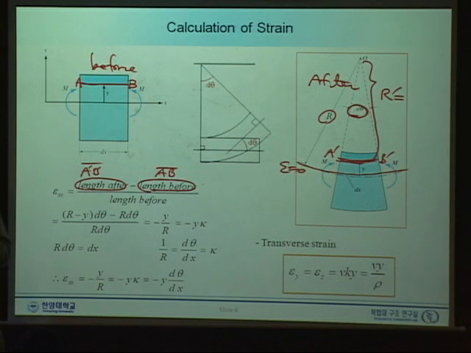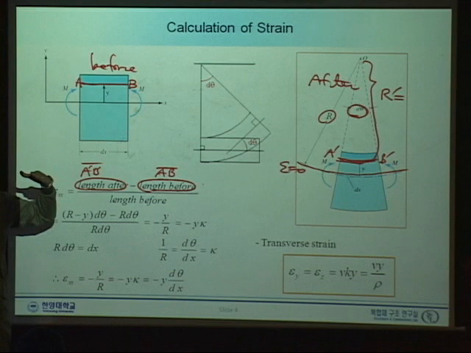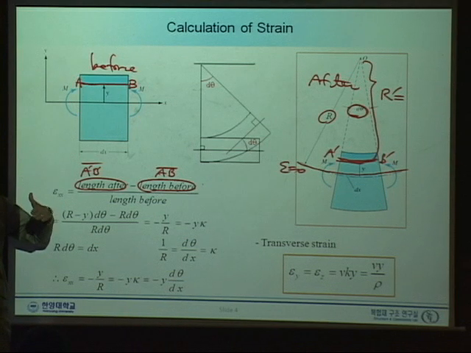As we noticed in the previous slide, the top is subject to compression and the bottom is subject to tension, and there must be a location where there is no x-directional strain. These positions indicate that location.